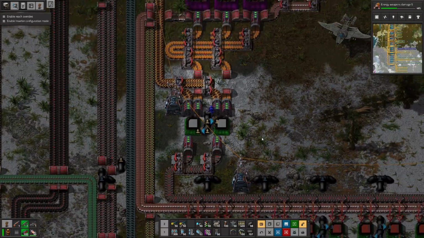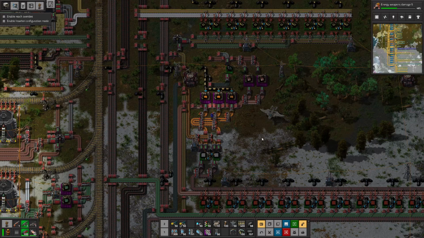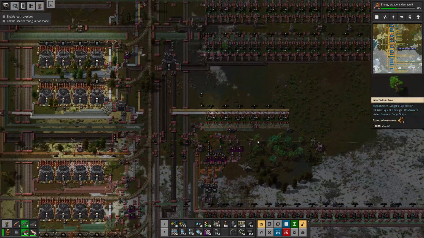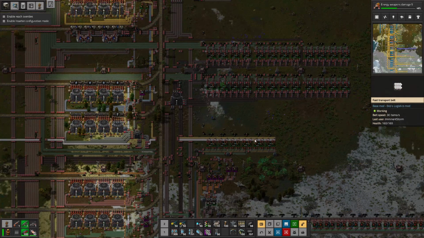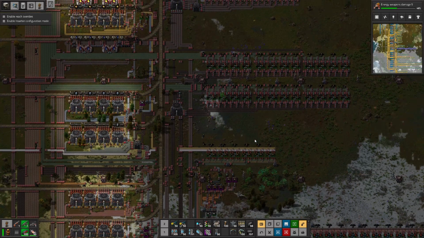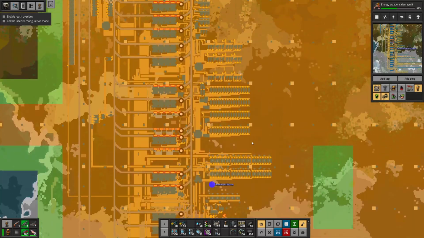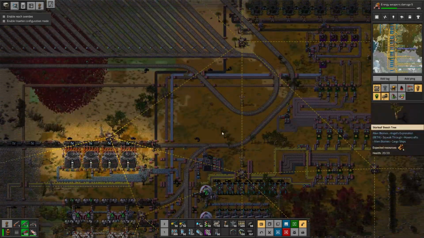Oh, right, but they want paper. So that's not gonna be easy. Okay. That's not gonna be easy because it needs paper, not wood.